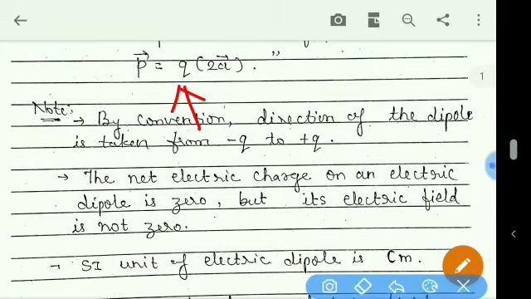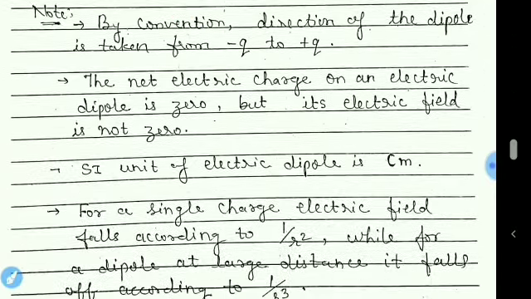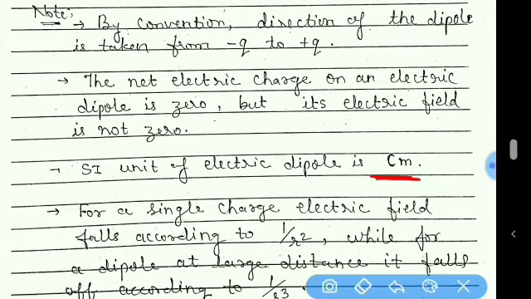So we will write for q coulomb. And what is twice of a? It is the distance between the two charges, and the unit of distance is meter. So coulomb into meter. So the unit of an electric dipole is coulomb meter.